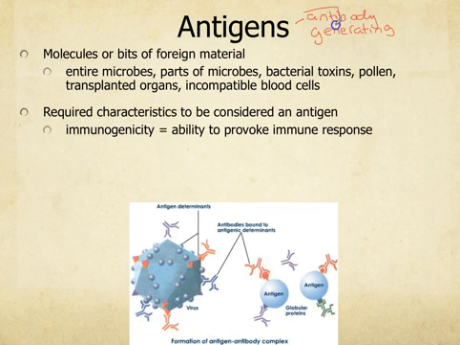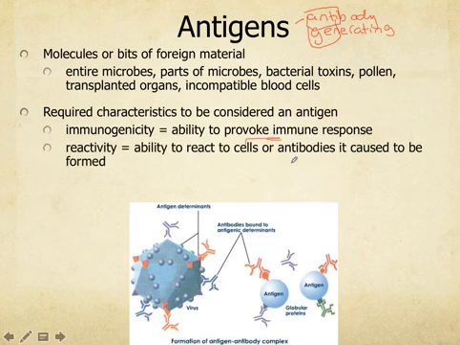So basically, it has to provoke that immune response, and it has to be reactive. It has to have the ability to react with cells or antibodies it caused to be formed. So if this virus caused antibodies to be formed, but those antibodies can't interact with it, it's not considered an antigen. And I really can't give you a good example of when that would occur, so I apologize for that.